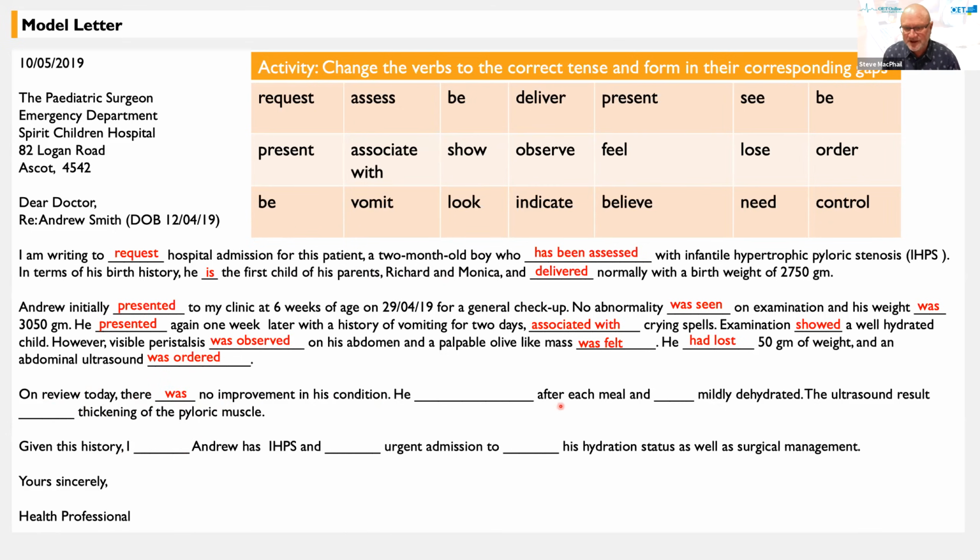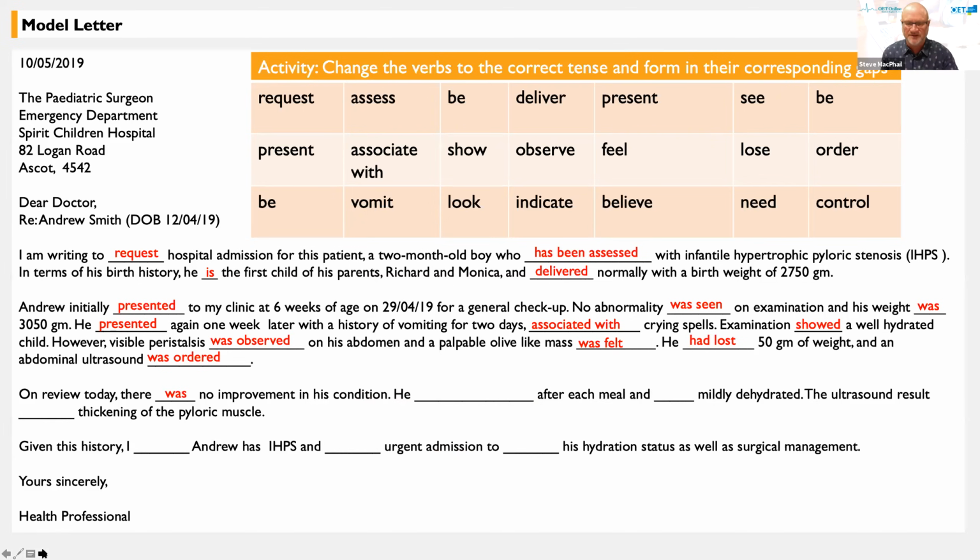He something after each meal. We got the word vomiting. So I want to use progressive here, everyone. Something continuous.